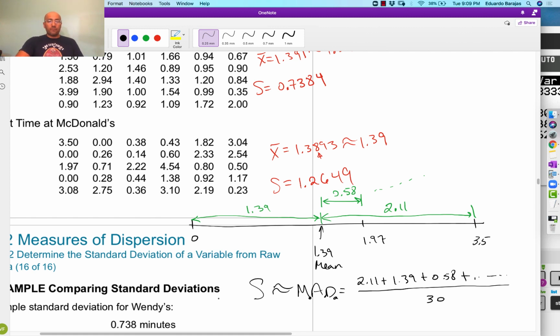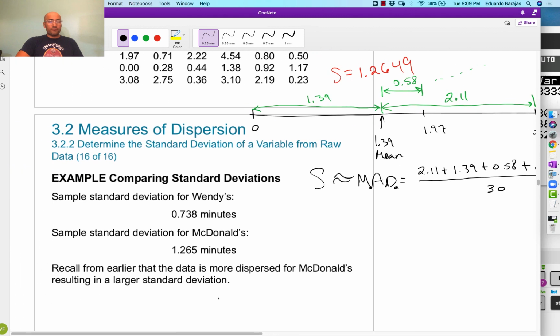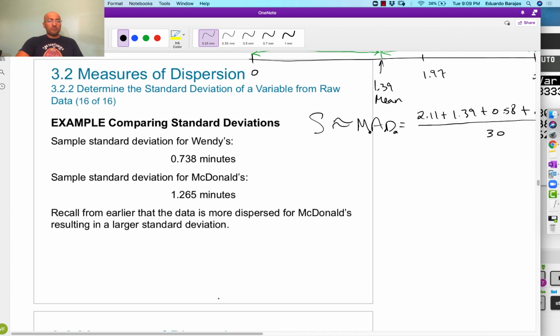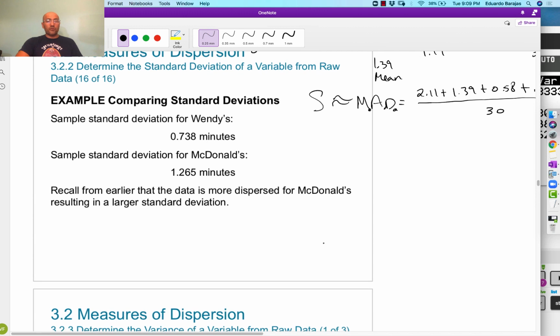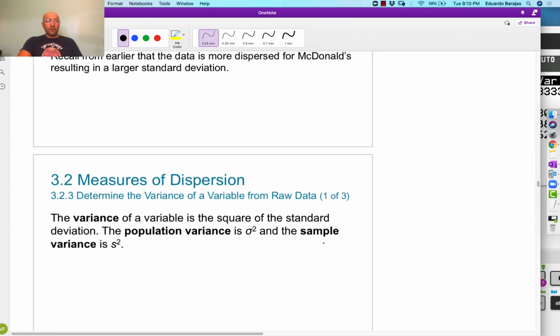Okay, so recall earlier that the data is more dispersed for McDonald's, resulting in a larger standard deviation, right? So larger standard deviation means it's more diverse, more spread out. Smaller standard deviation means that the values are more clumped up together.